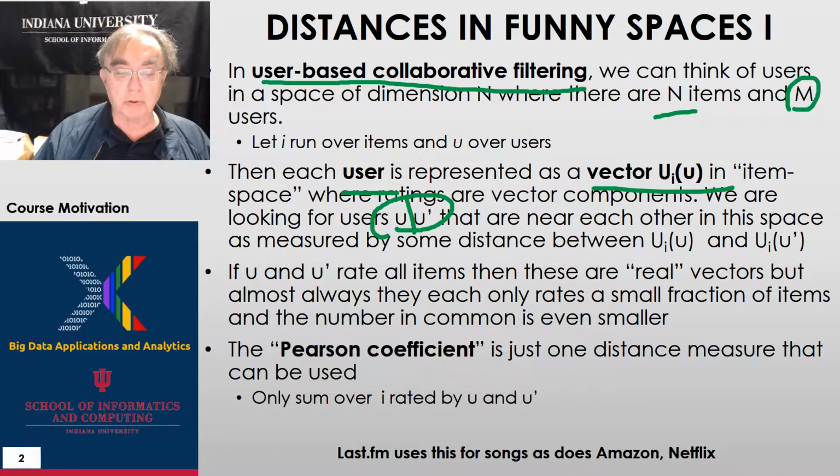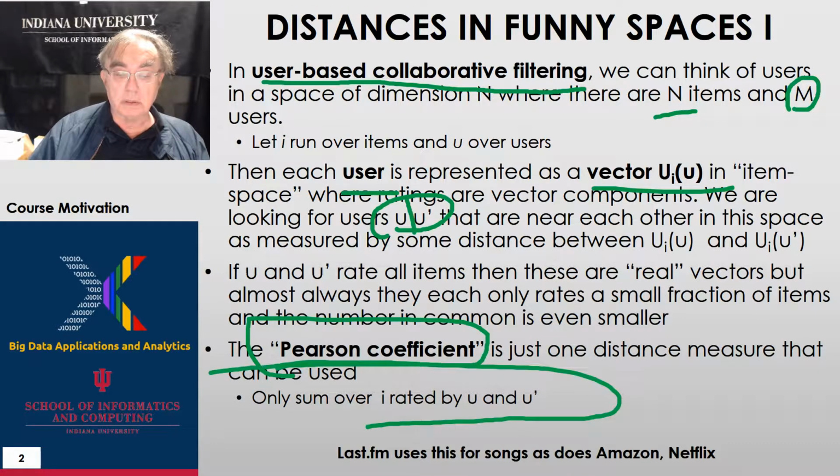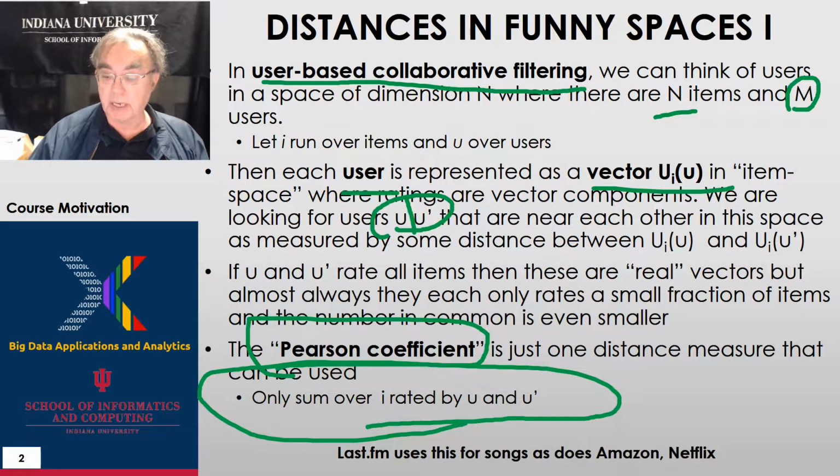And so you use what's called the Pearson coefficient for discussing the relationship between vectors, and it is effectively the distance which only sums over the items which are rated, where you have an entry for both of these users. And this is used by Amazon, Netflix, Last.fm, and so on.